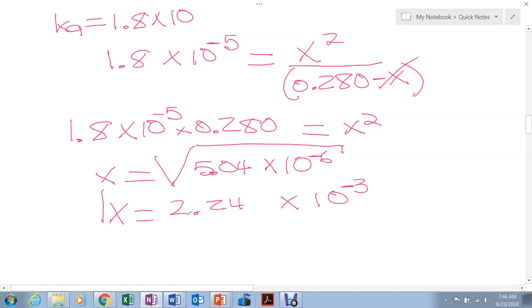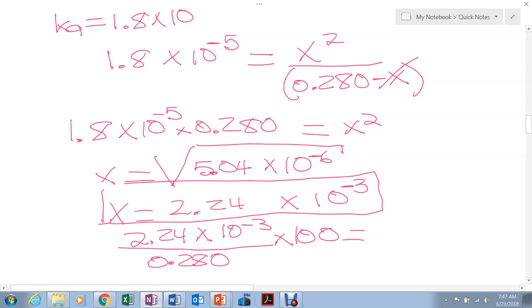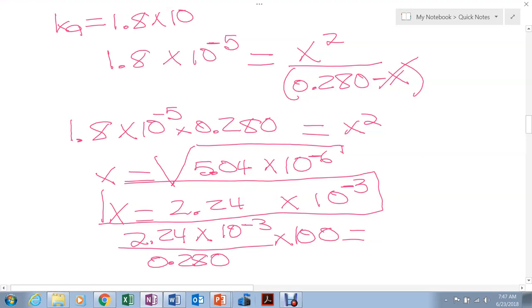Let's double check anyway, by dividing 2.24 times 10 to the negative 3 by 0.280, times 100. Oh yeah, 0.8% is much smaller than 5%.